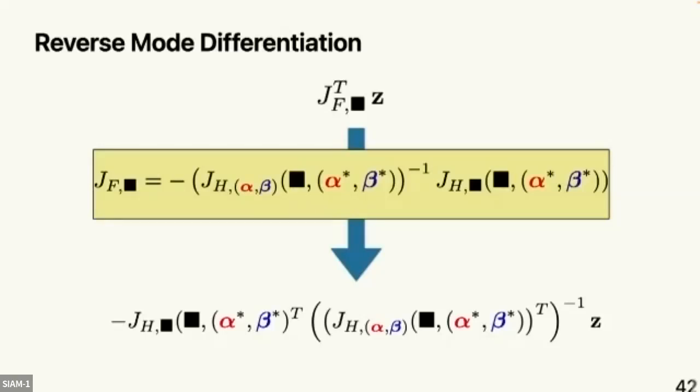So I want to apply this transpose Jacobian of the optimal transport solution to any vector because I'm doing reverse mode differentiation. I know that on paper, the Jacobian of the outputs of the synchronous algorithm with respect to any inputs are equal to this thing. So if I just add a transpose here and a z on the right-hand side, I get that this goes to the left transpose and this goes to right with the transpose here. So this is exactly what I get here.